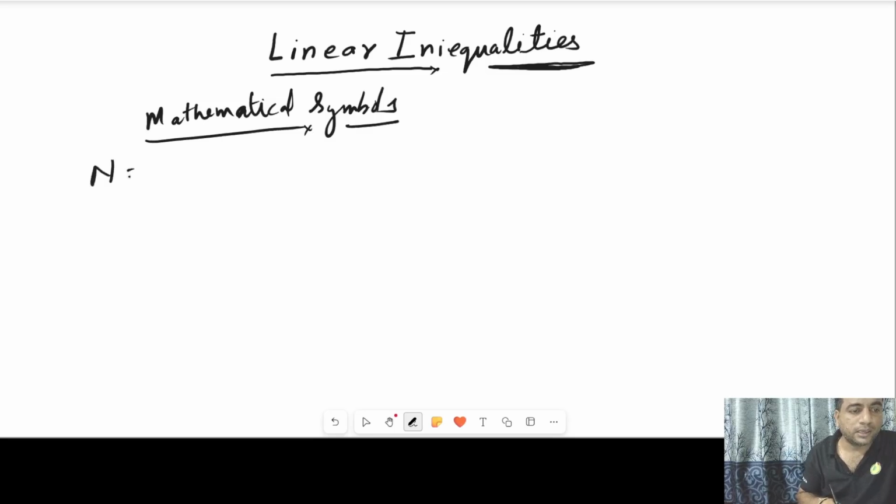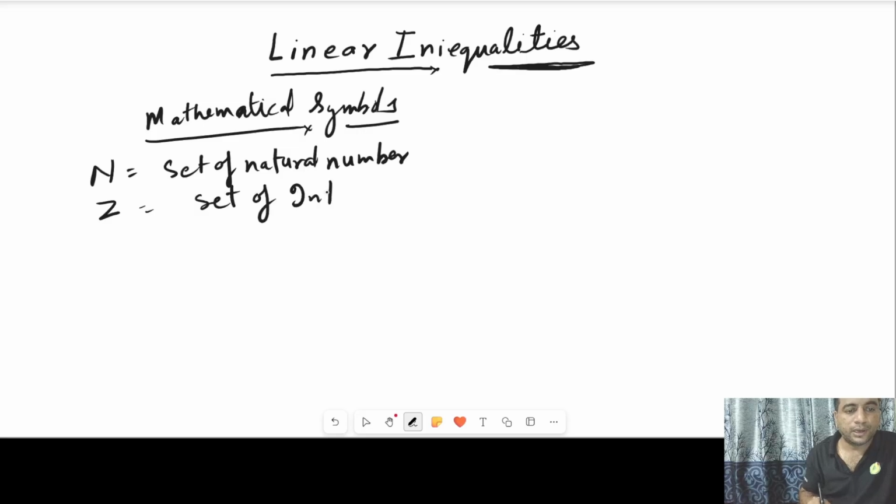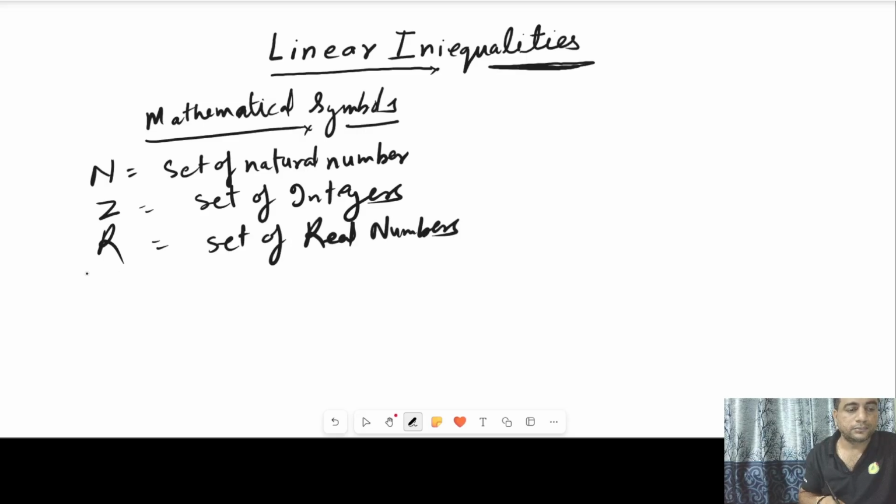For example, N represents the set of natural numbers. Z means the set of integers. R means the set of real numbers. Q represents the set of rationals, meaning the set of rational numbers.